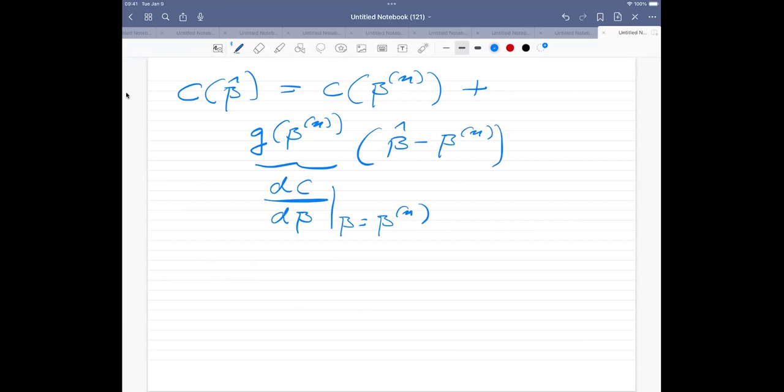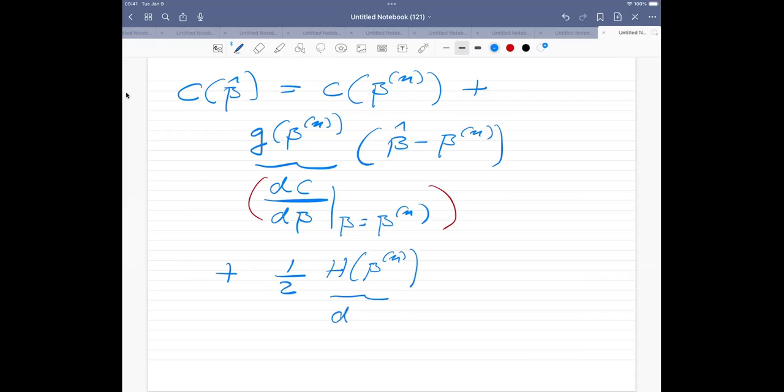And then I have a second order term and higher order terms. So let me just put a parenthesis around this one. And then I have plus, and when I take the second derivative, obviously we get a half. And the second derivative is just given by this quantity we call the Hessian, but now it depends only on one value of beta.